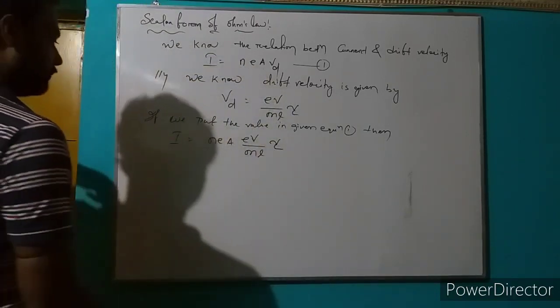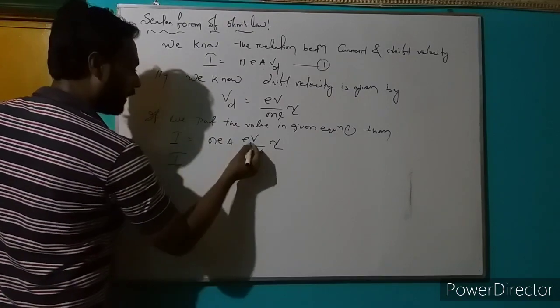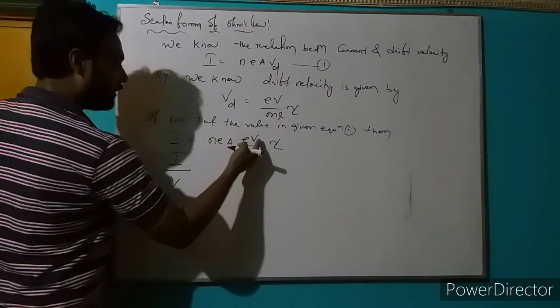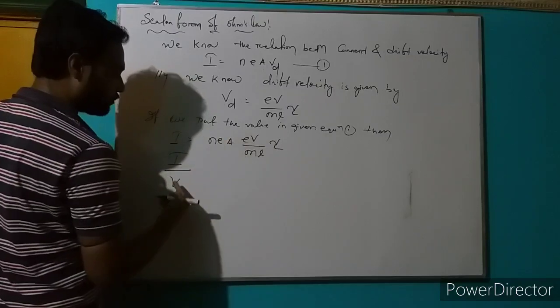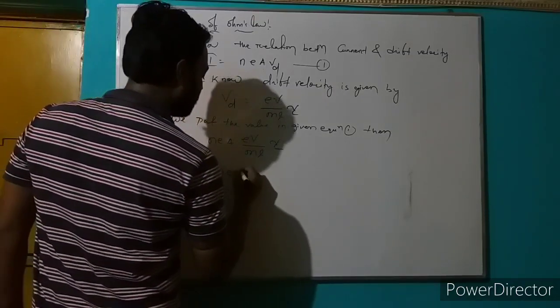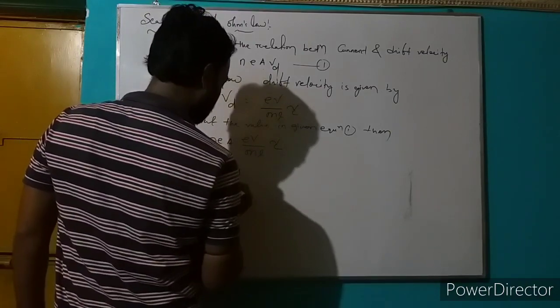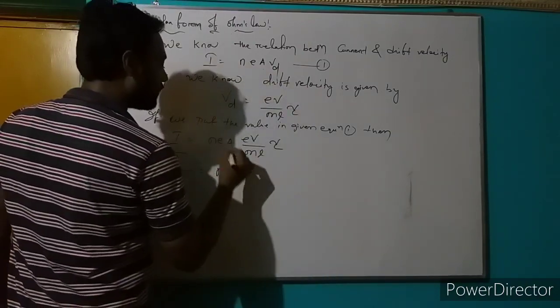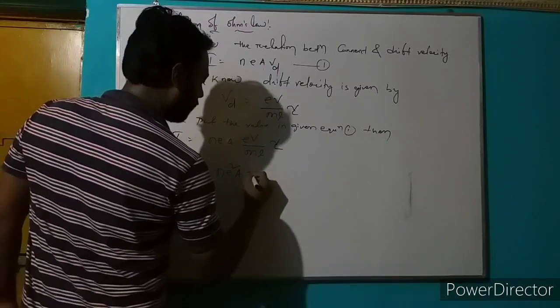Clear? So I by V, that V is on the right side, moves to the left side in the denominator. So I by V equal to NEA, NEE means E square, A tau by ml.